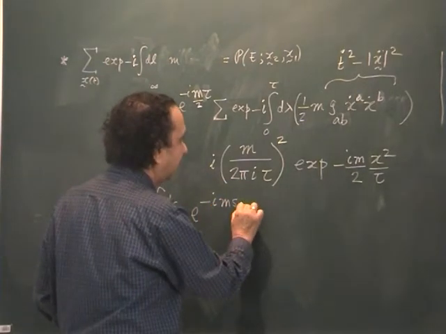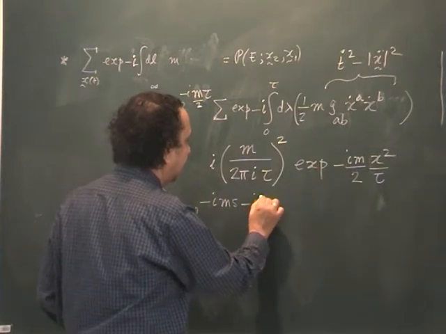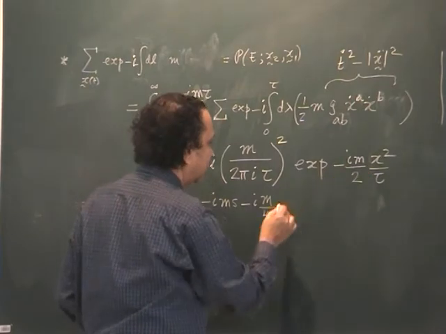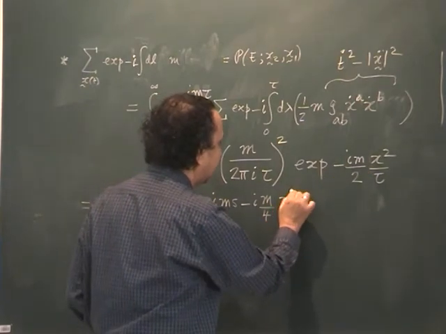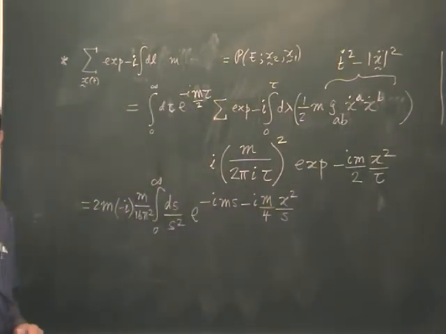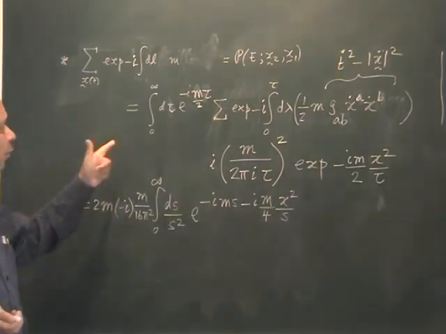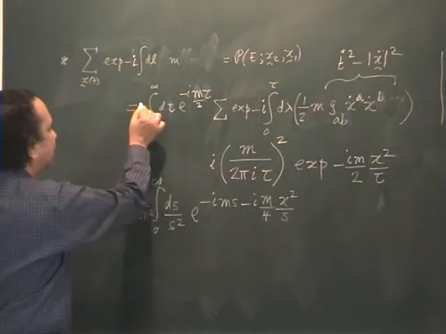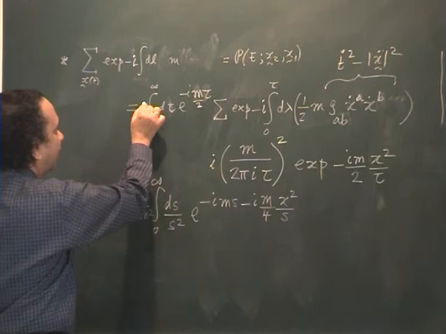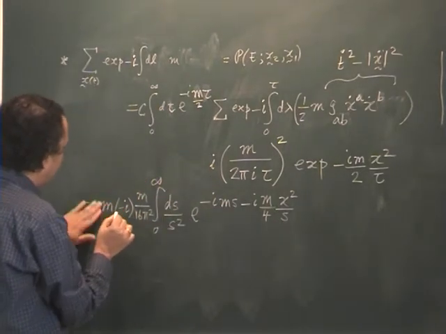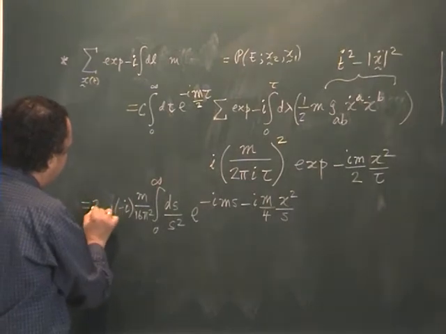Then we have minus I m by 4, because tau equal to 2s, x square by s. This is what we had in the last lecture, except for an overall constant c. Because I said that when you are doing this, because of dimensional reasons, it is good to keep a constant c here. So there was a constant c, which I wrote as 2cm.